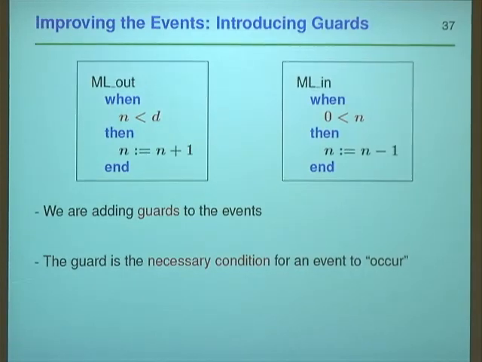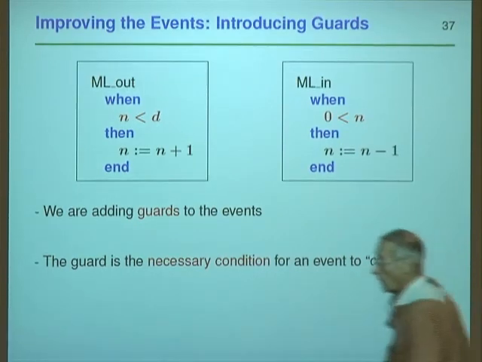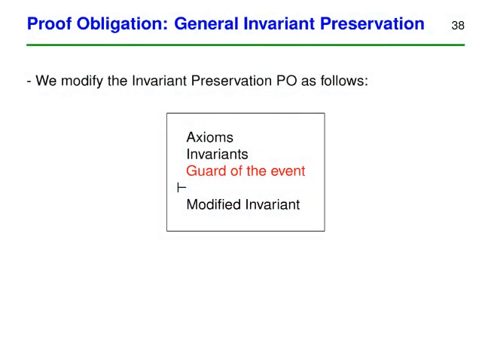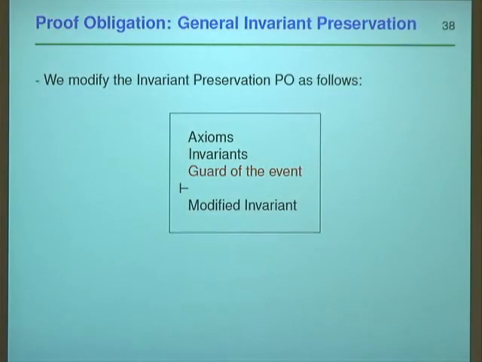If you think in terms of an execution, these guards are the necessary conditions for the event to occur. Therefore, in the proof obligation, for each event we are going to add its guards. So we modify our proof obligation into this one: axioms, invariants, guards of the event, and modified invariant.